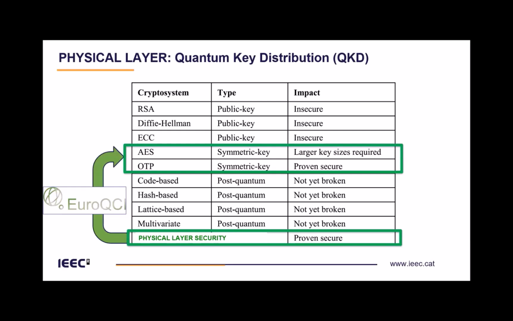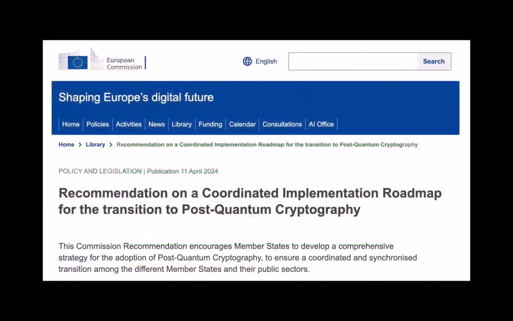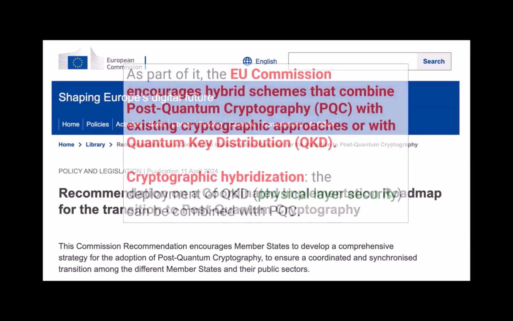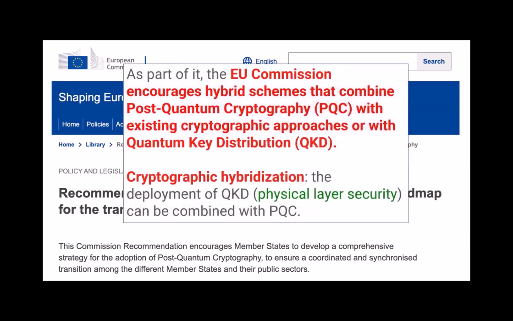So why do we propose this and why we think it should be done like this. Both Europe and the US are recommending that the roadmap to the transition to post-quantum cryptography has to be this way.